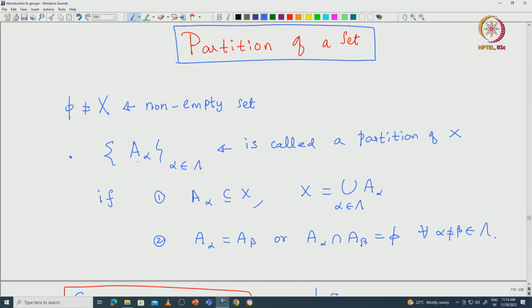You just declare that the elements coming from a single A alpha are all related. And if elements come from two distinct A's, like A alpha and A beta, they are not related. One can see that this will be an equivalence relation on capital X, and when you take the equivalence classes corresponding to this relation, they will be exactly these A alphas.